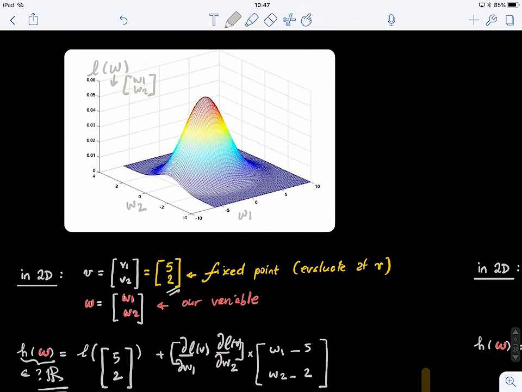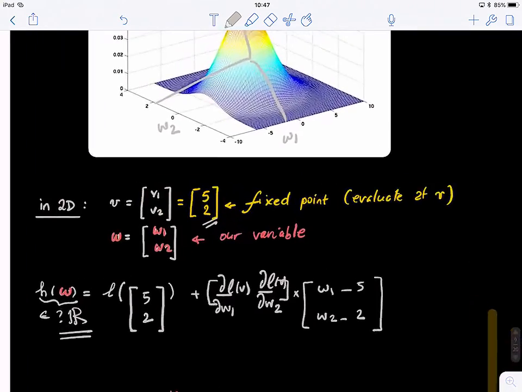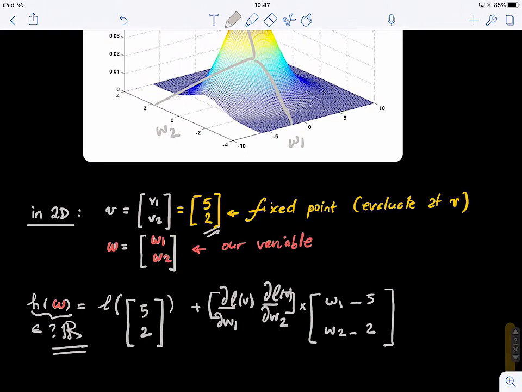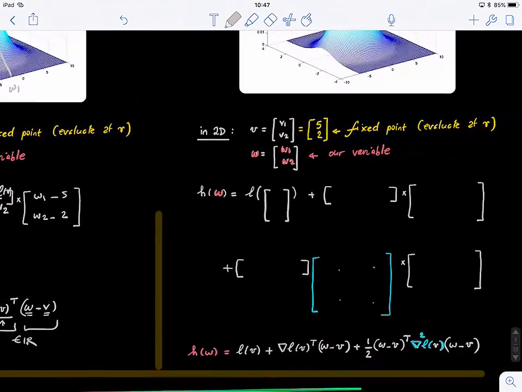We're measuring a single value of two variables. Our point has two variables, omega 1 and omega 2. This is why we have a dot product, and this belongs to R, and that's why we're transposing, because we have a dot product between two vectors. So this belongs to R2.